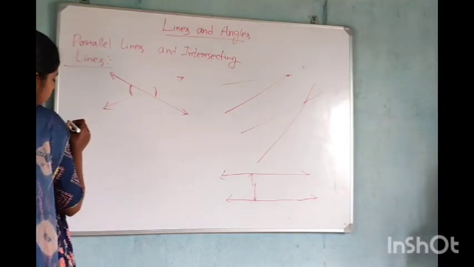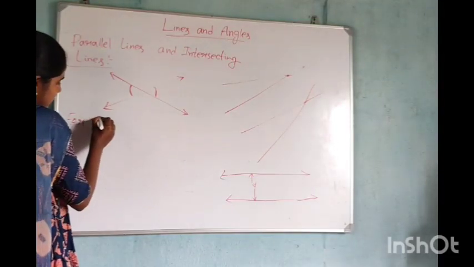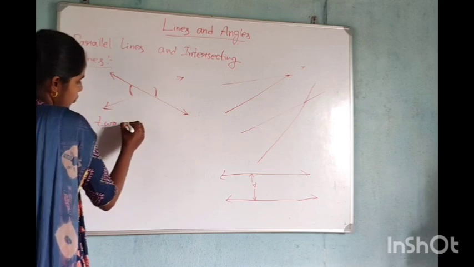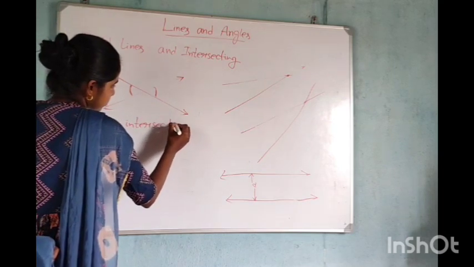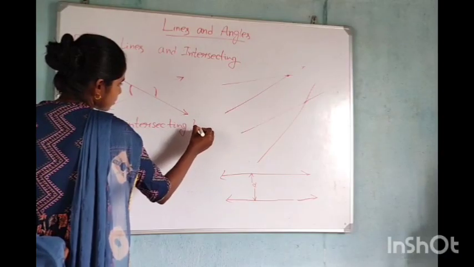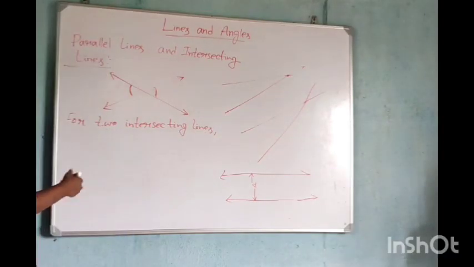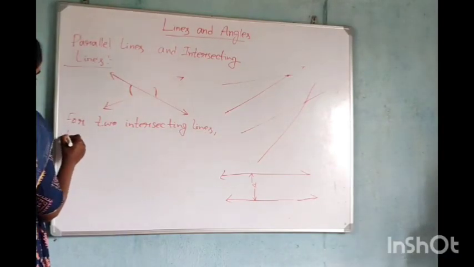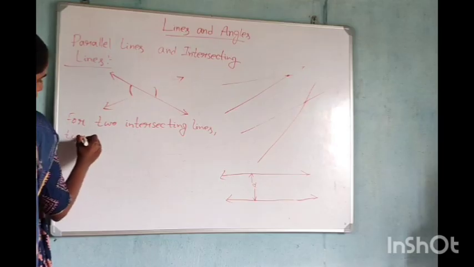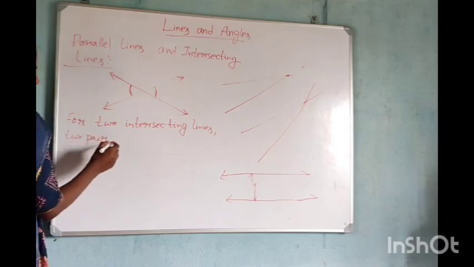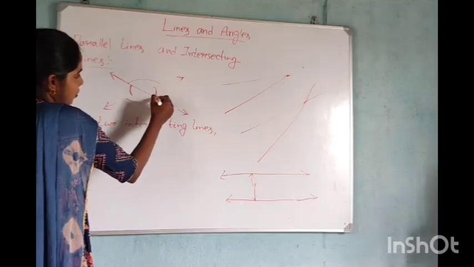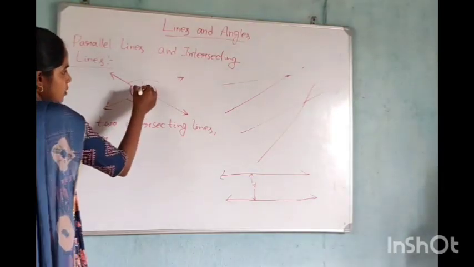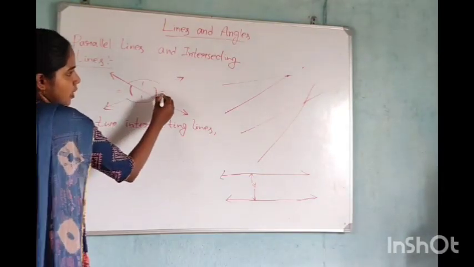So for two intersecting lines, there are two pairs of vertically opposite angles. This is one pair of vertically opposite angles, and this is another pair. These two are equal, and these two are equal.